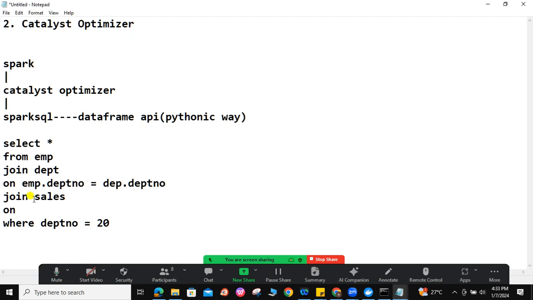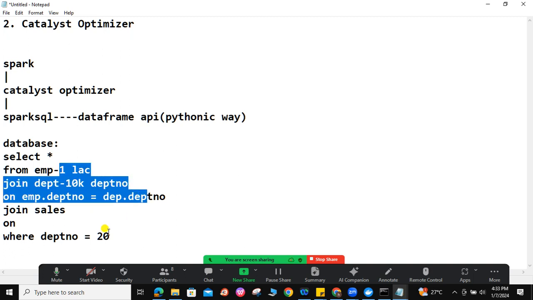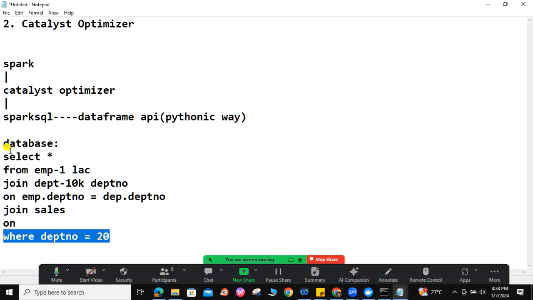So in a normal database, what will happen? If you have 1 lakh records here, 10,000 departments here, it joins all the data, and at the end it filters, because you have done bad coding.